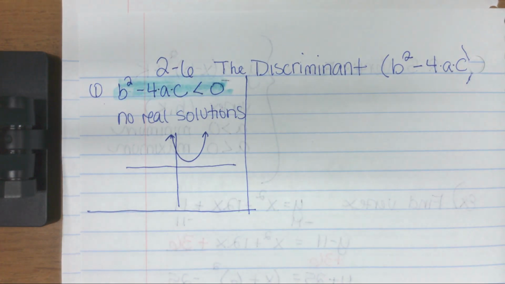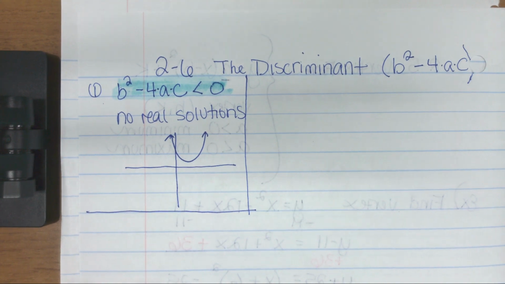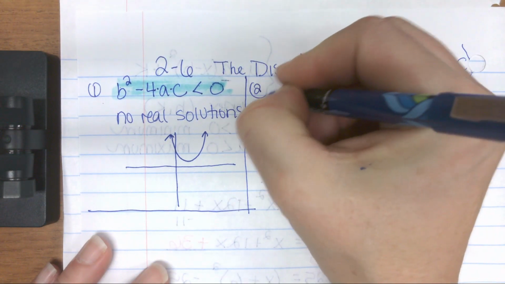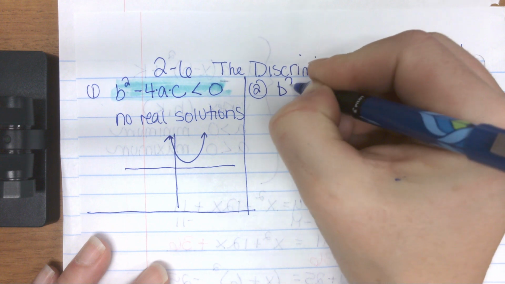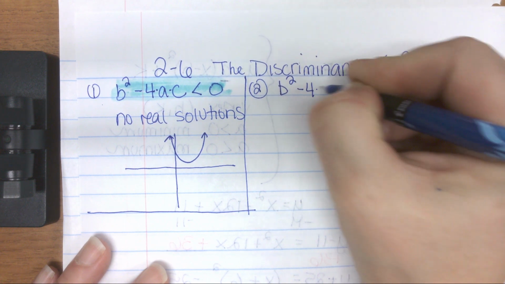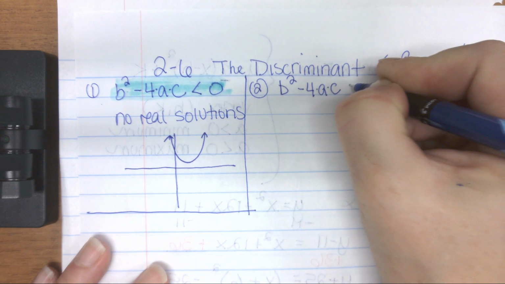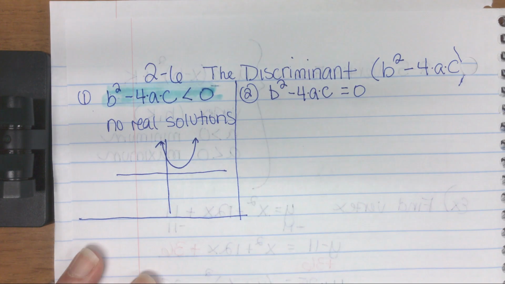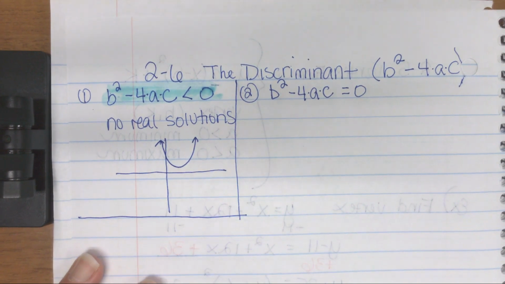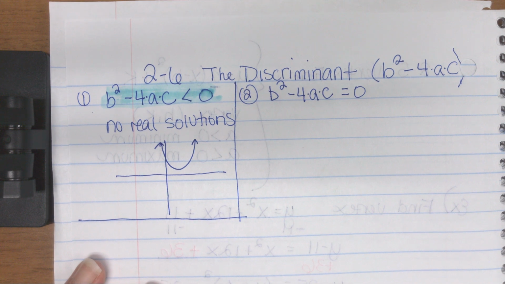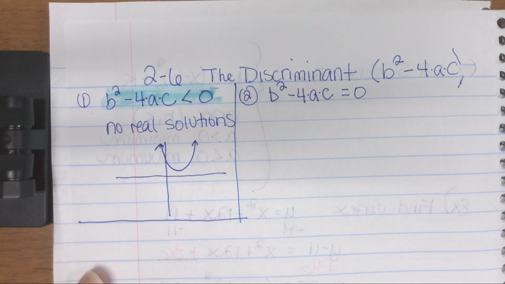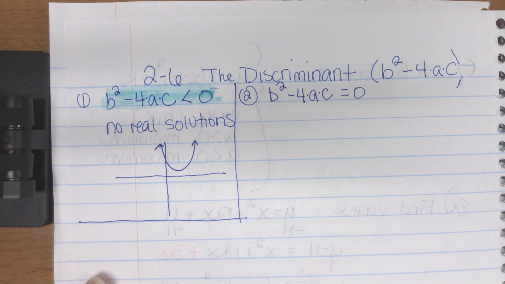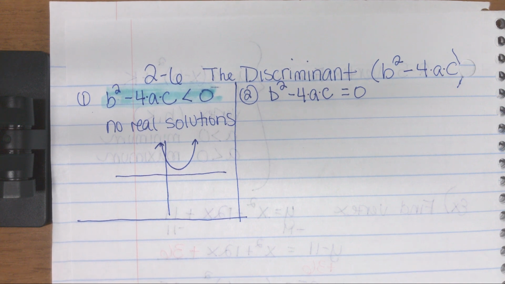Okay, second thing that could happen is you could evaluate b squared minus 4ac and it equals exactly 0. And what we just talked about is what happens when the square root equals 0? How many solutions does it produce?